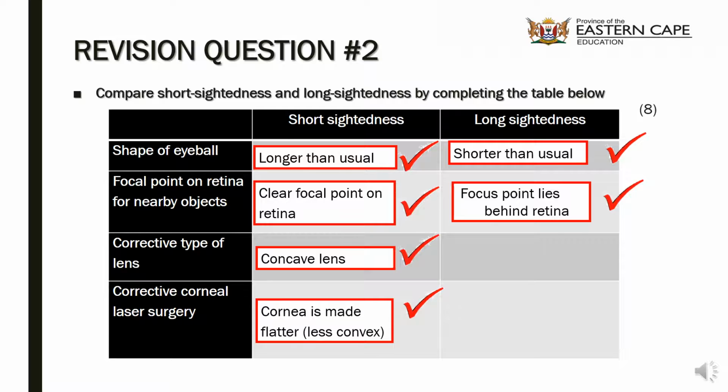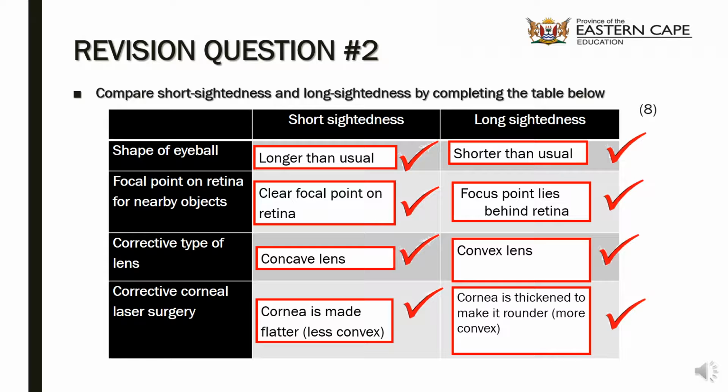And what type of lens would we put on to correct this? We're going to put on a convex lens. And what type of surgery are we going to need? We're going to make our lens more convex so as to allow the light to be able to converge in.